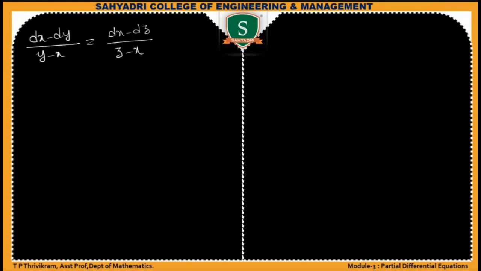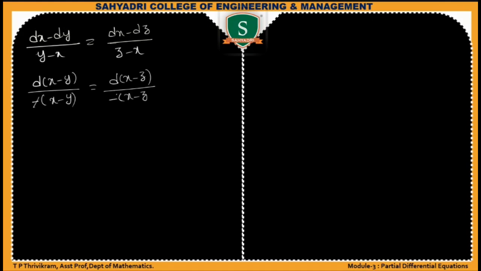Now I can write this as d of (x minus y) divided by minus of (x minus y) is equal to d of (x minus z) divided by minus of (x minus z).